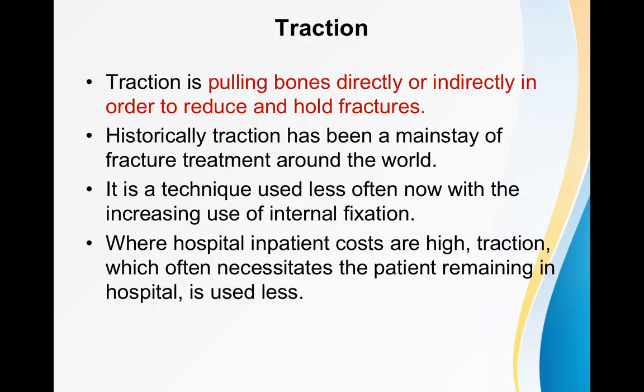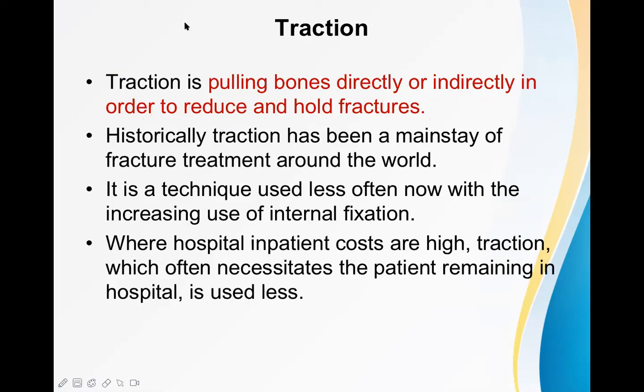Now, after talking about these different types of cast, let's go to another way of fracture reduction and immobilization, which is called traction. Now see here, traction is pulling the bone directly or indirectly in order to reduce and hold the fracture.